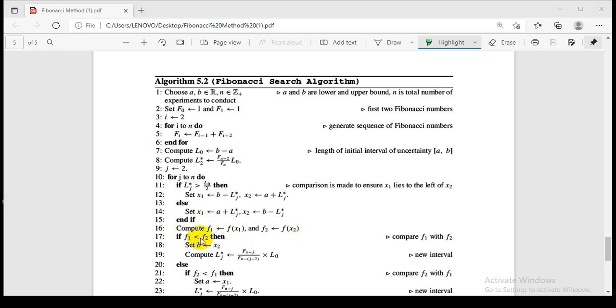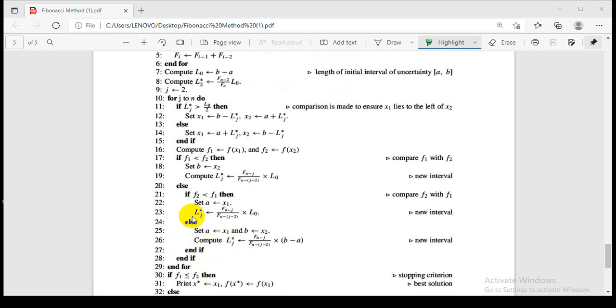If f1 is less than f2, then set B equal x2 and compute Lj star equals Fn minus j over Fn minus j plus 2 multiplied by L0, else if f2 is less than f1 then set A equal x1 and compute Lj star similarly, else set A equal x1 and B equal x2.